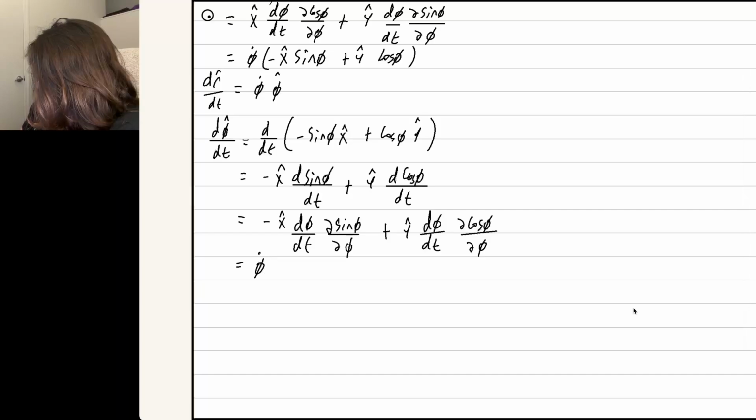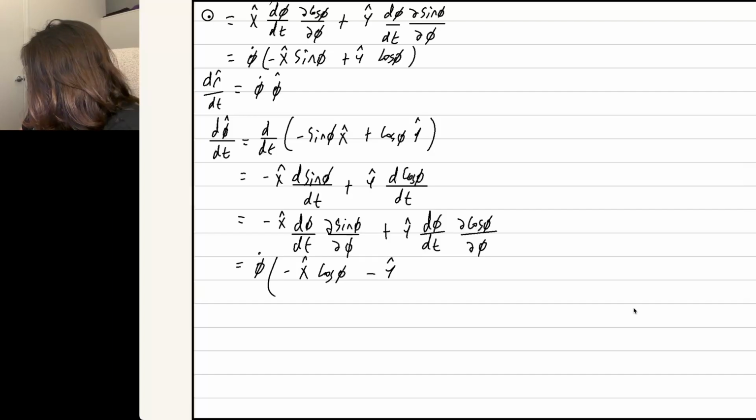Factoring out phi dot again, you have a minus x hat cosine phi, and a minus y hat sine phi.